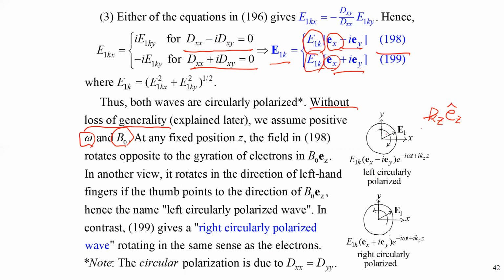So you are looking at the wave rotating left hand circularly polarized. On the other hand, the wave propagates toward you, and your thumb points along the wave propagation, and so this is right hand circularly polarized.